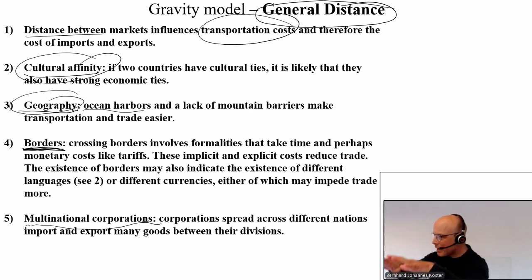If you go into the data, you see the decrease of the trade volume between the UK and the European Union. If you look at the bilateral trade relations between Germany and the UK, you see a drastic decrease between these two countries.